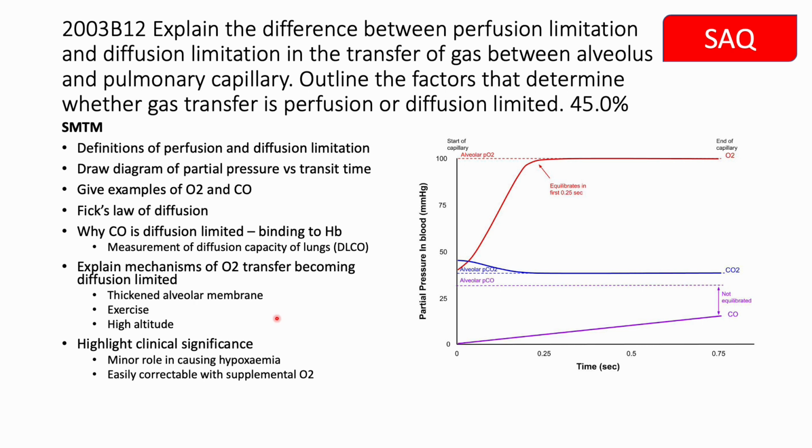And even though it's not explicitly asked for, I think it'd be good to highlight that you understand what the clinical significance of this concept of diffusion limitation is, that it only has a minor role in causing hypoxemia and is readily correctable with supplemental oxygen. And an answer that covers this type of material presented in this way would score very well.